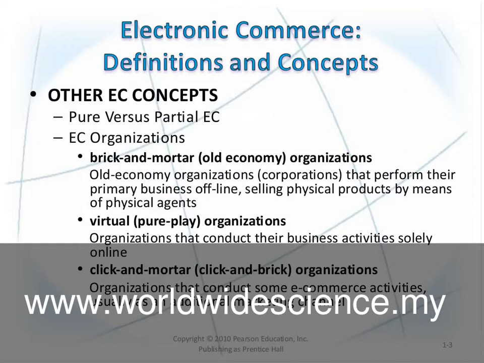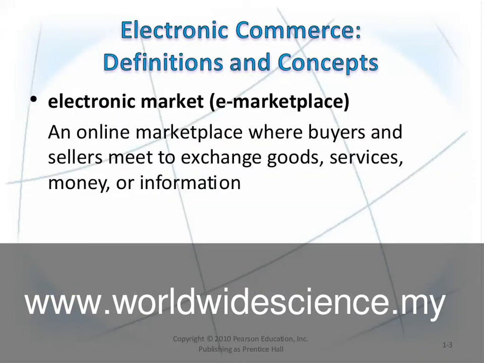But the virtual one is an organization that conducts its business activities solely online, and click and mortar, also called click and brick, is an organization that conducts some e-commerce activities, usually as an additional marketing channel. This one is not solely and not entirely digital. Maybe some processes and some activities are just digital and done online.